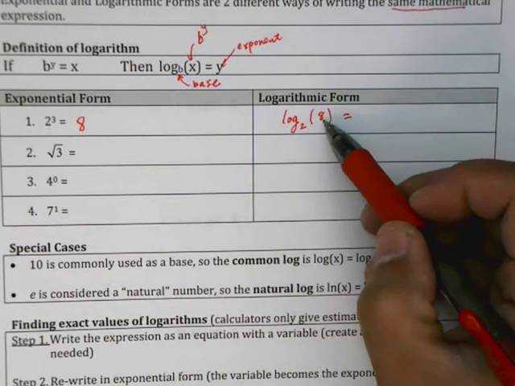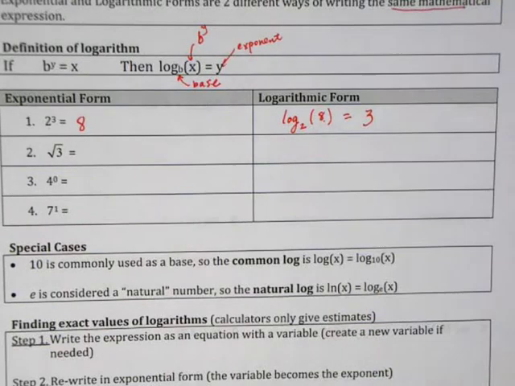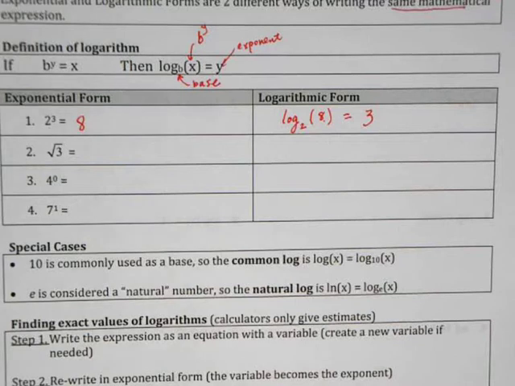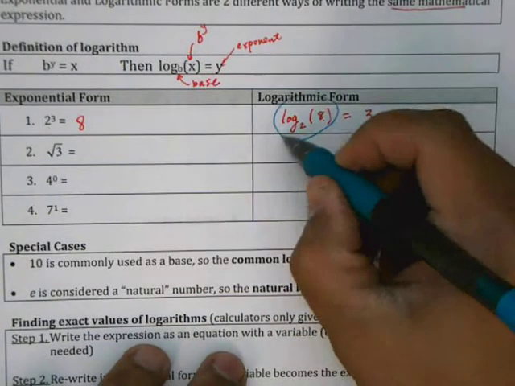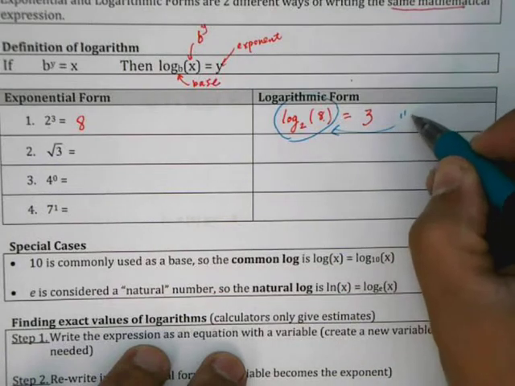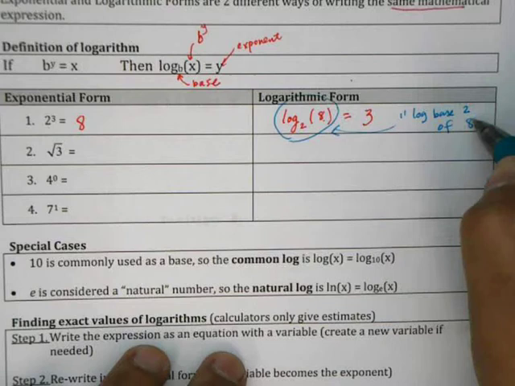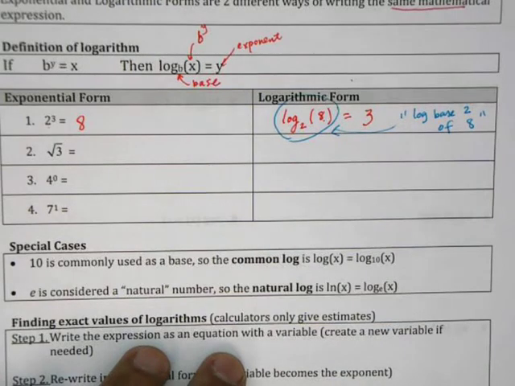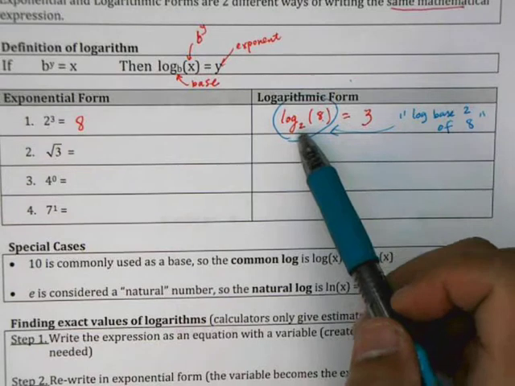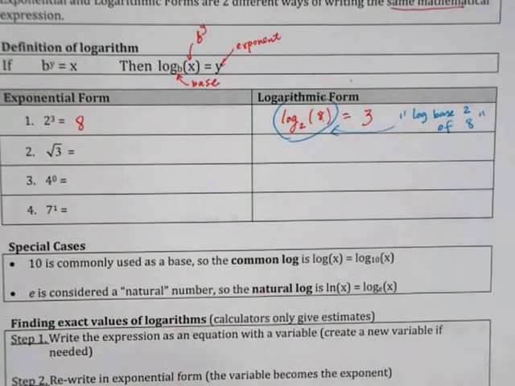So this is the base to the exponent, and the exponent is what it's equal to. This part right here is pronounced log base 2 of 8. In other words, it's saying that 2 raised to what power is equal to 8? And the answer is 3.